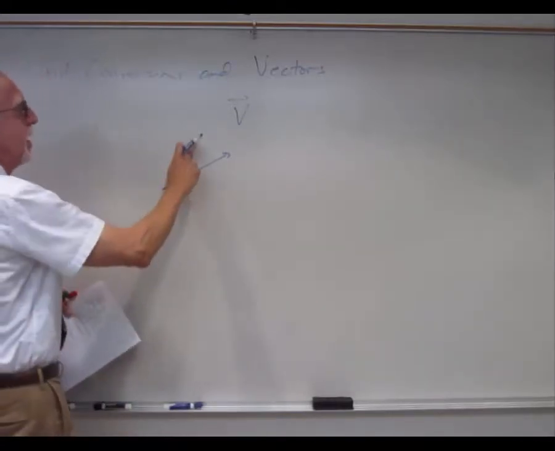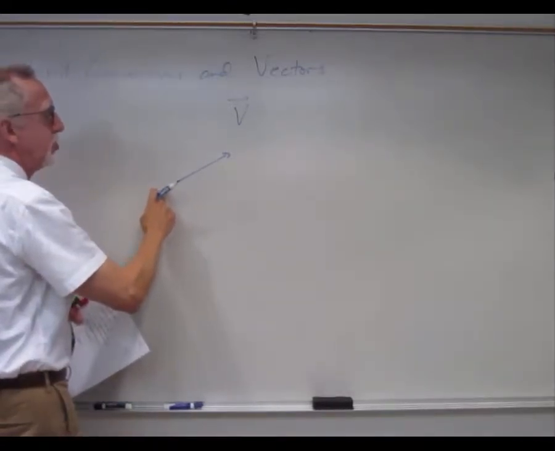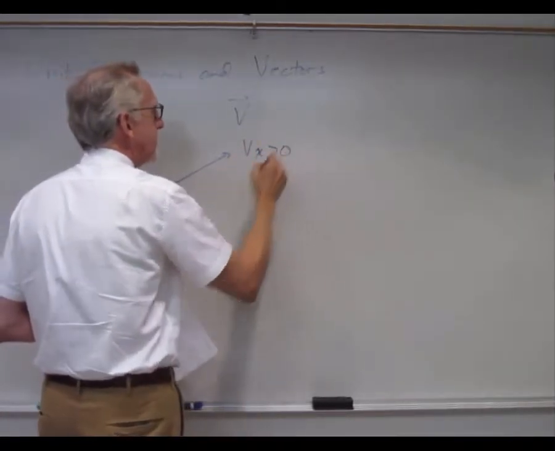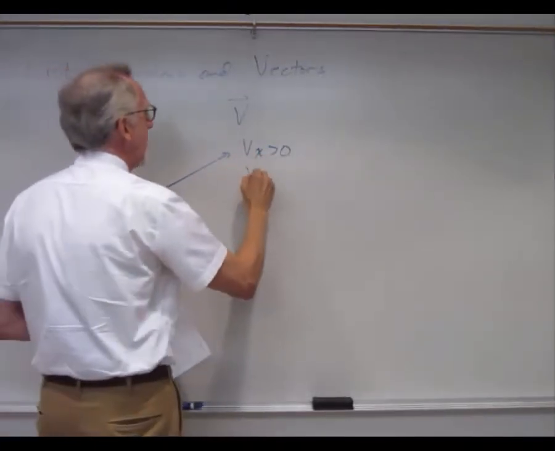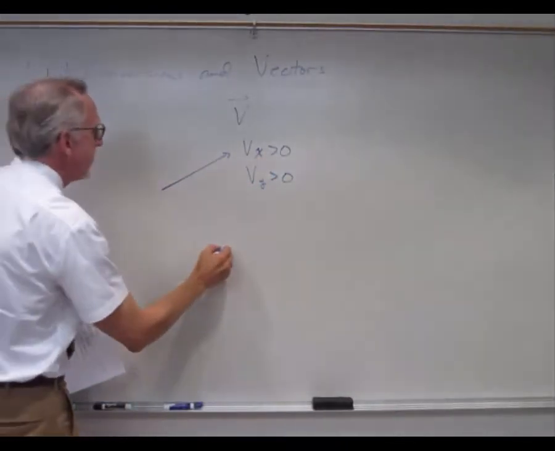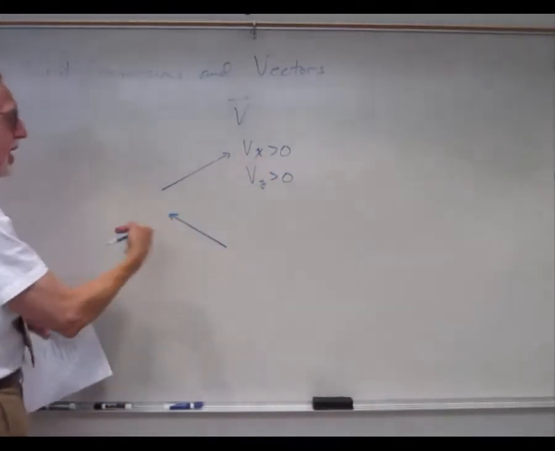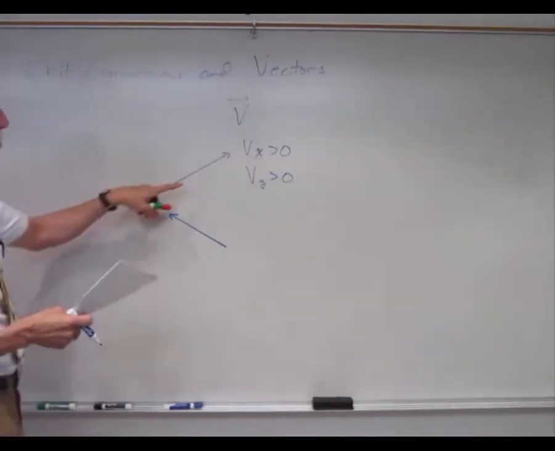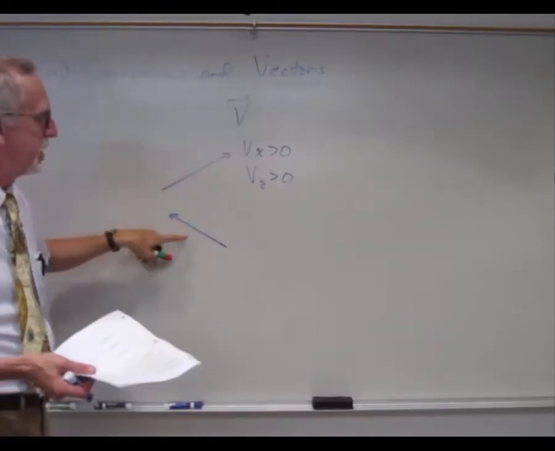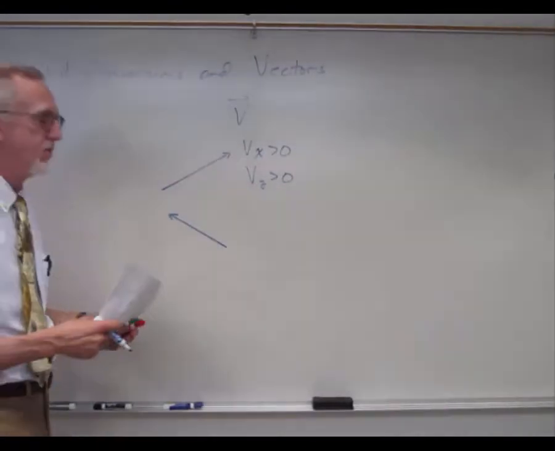In this case, if the vector is pointing to the right and up, then our x component is positive and our y component is positive. If we have a vector that is pointing to the left and up, pointing to the right means positive x component, pointing to the left means negative x component.